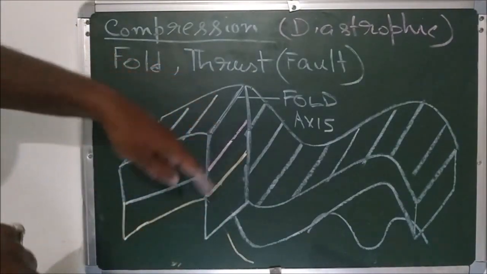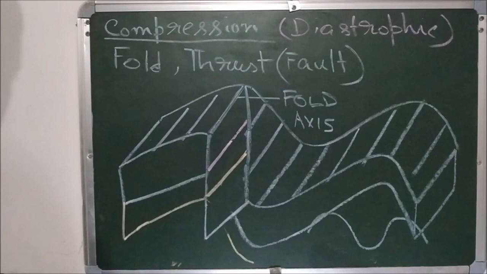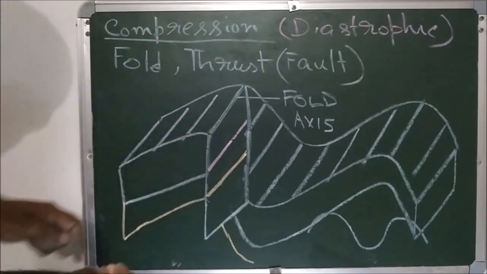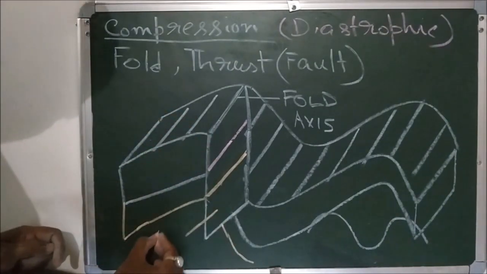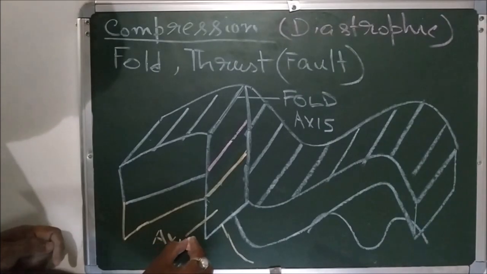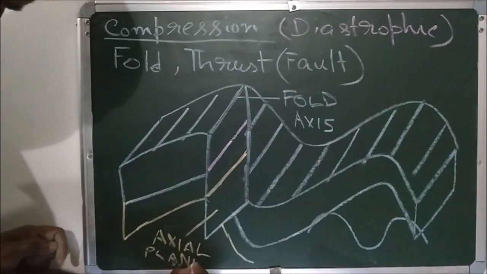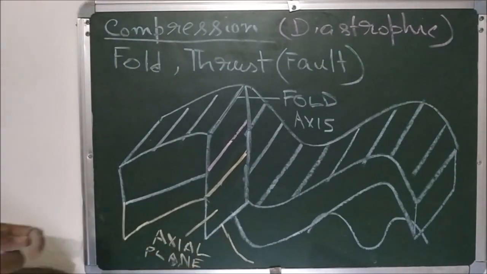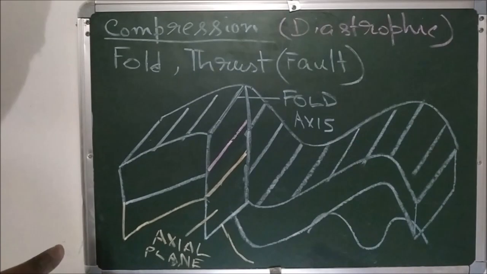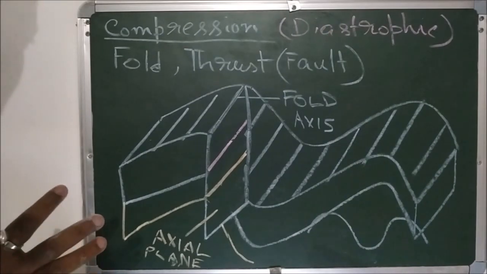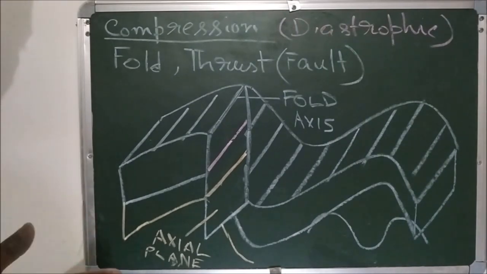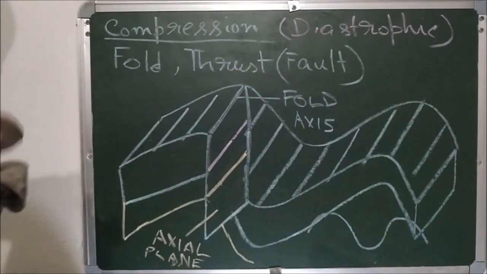These are the fold axes on the plane. This is the axial plane. So here a few important things: hinge line, fold axis and axial plane have been explained.